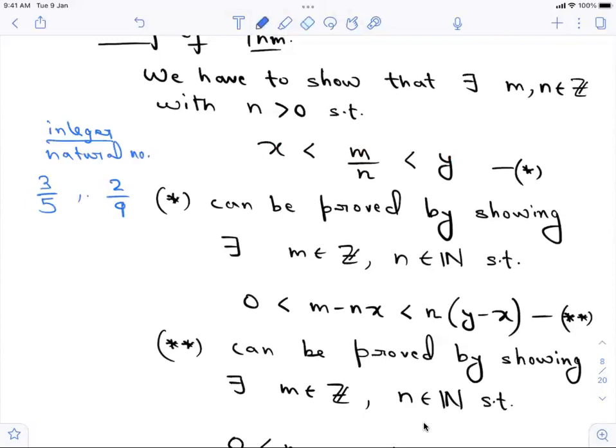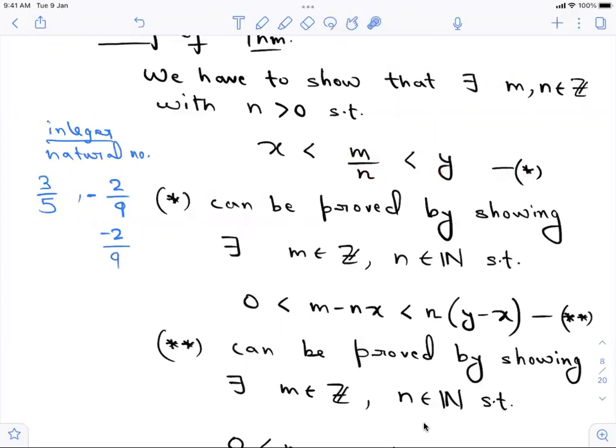I can write it as minus 2 over 9. That's what I'm doing. So really I have to find an integer m and a natural number n such that m by n lies between x and y. I'm calling this inequality star.